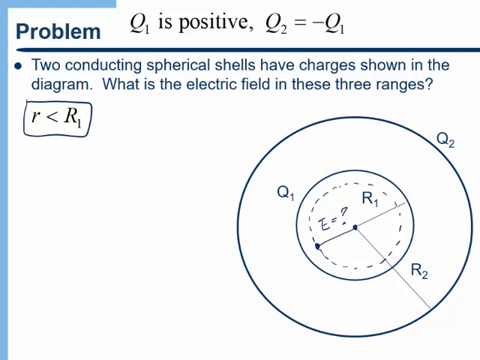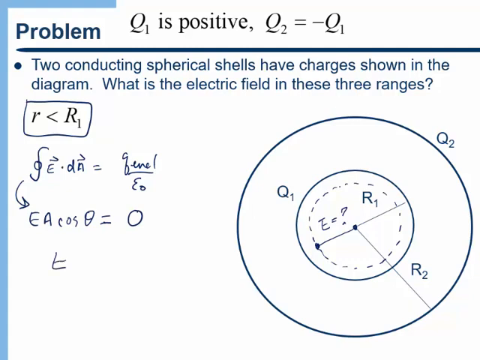Well, therefore, I can go from E dot dA is equal to the charge enclosed over epsilon naught, and I can go right to EA cosine theta is equal to the charge enclosed over epsilon naught. But what's the charge enclosed in that dotted line? There is no charge, 0.